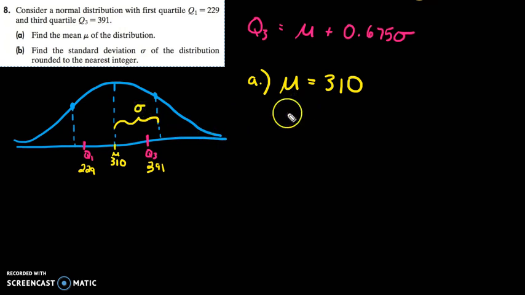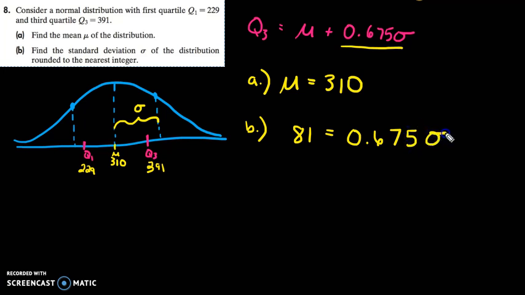Okay, so how can we figure that out? Well, we know if this distance from here to here is 81, that represents 0.675 of a standard deviation, not a full standard deviation. So if I know 81 is the same as 0.675 of a standard deviation, if I divide both sides by 0.675, we're just trying to get the standard deviation term by itself.